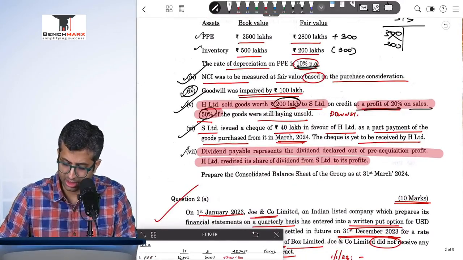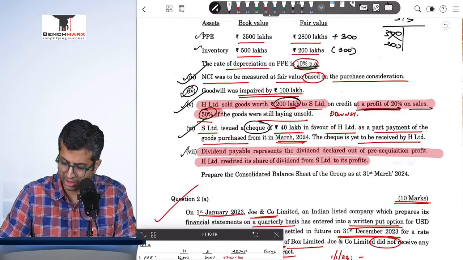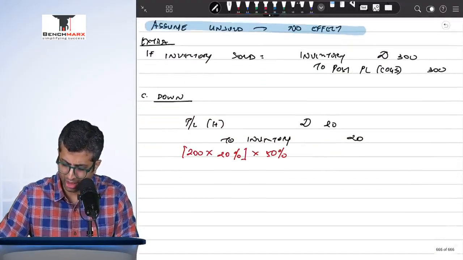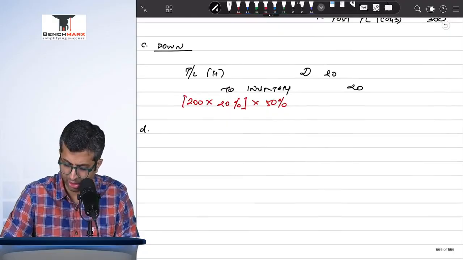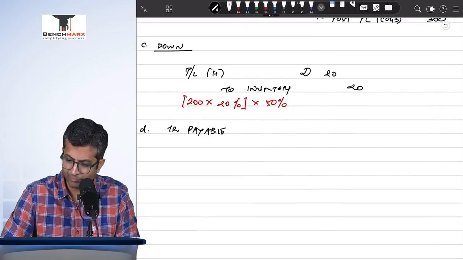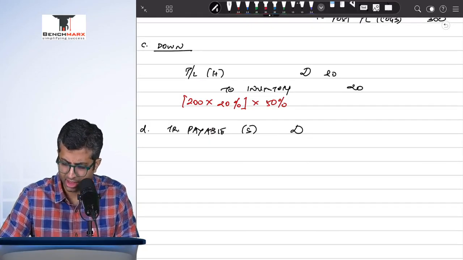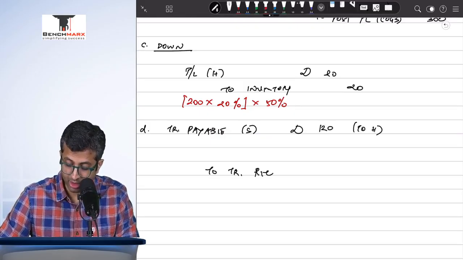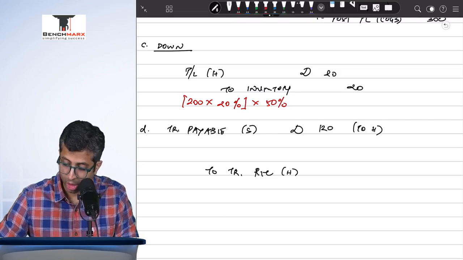Point number 6 says there is a check of 40 lakhs in favor, which is part payment. So over here, if I were to put an adjusting entry for the intercompany elimination, I will say trade payables which are appearing in the books of S, you will eliminate whatever is appearing of 120. This was payable to H. In the books of H, there's a trade receivable from S. In my ledger, this is 160.